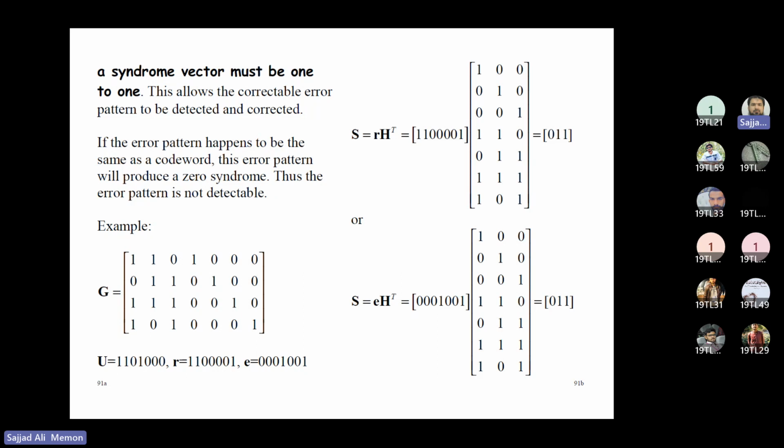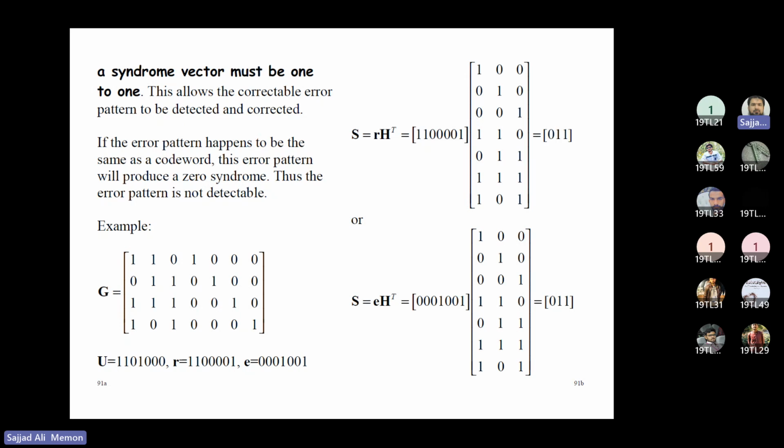So an example is given here. We have a generator matrix G, U is given, R is given, and the error pattern is also given. So we calculate S is equal to R H^T. So that is not equal to 0. It gives 011. So that means the received vector R is not a valid code word. It has an error. So what is the error pattern?